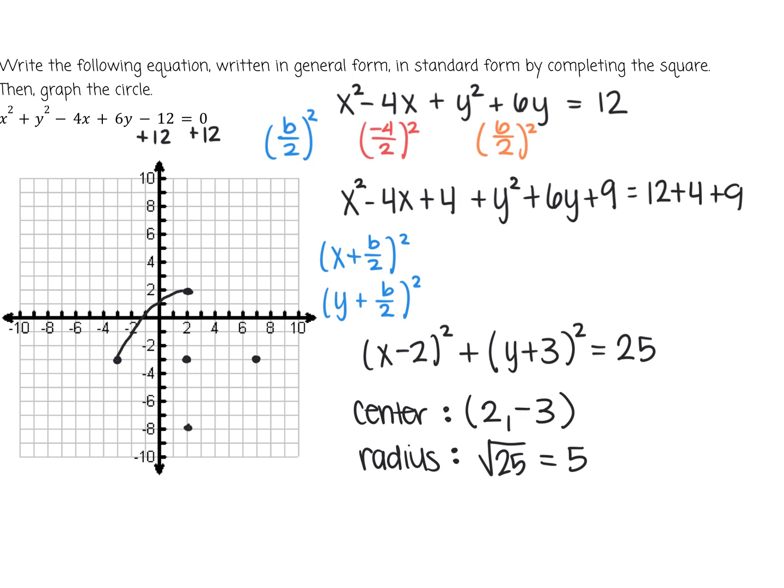Because those are the only ones where I can actually go my distance of 5. And then I just connect those points and I have my circle. And if I were to graph either equation in Desmos, they would look, if not exactly like this, very similar to this circle.